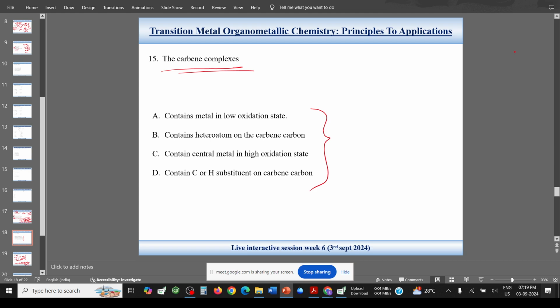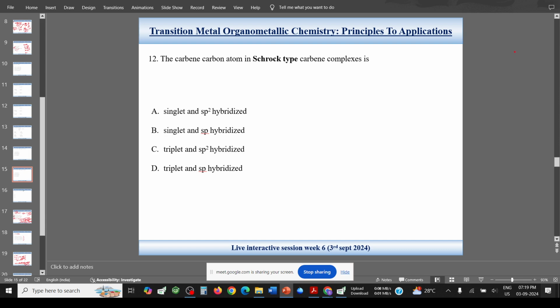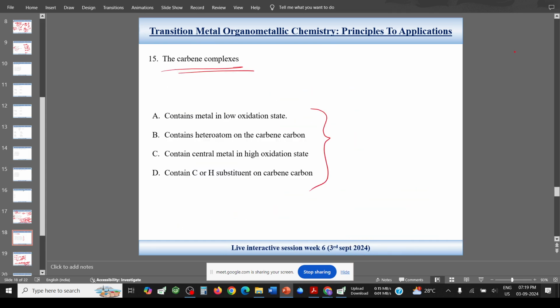If you read about carbene, there are two types of carbene I have talked about today. One is Fischer type carbene, another is Schrock type carbene. So there is some difference between these types of carbenes. The question here is about carbene complexes. Carbene means any carbene complex. You got the point, right? Not Fischer, not Schrock, nothing.